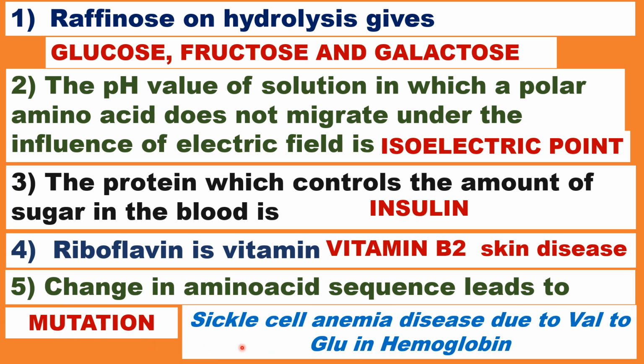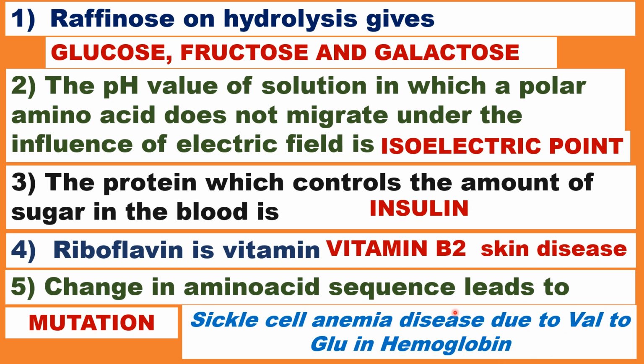For example, sickle cell anemia is caused due to this mutation process. Sickle cell disease is due to valine replaced by glutamic acid in hemoglobin in red blood cells.